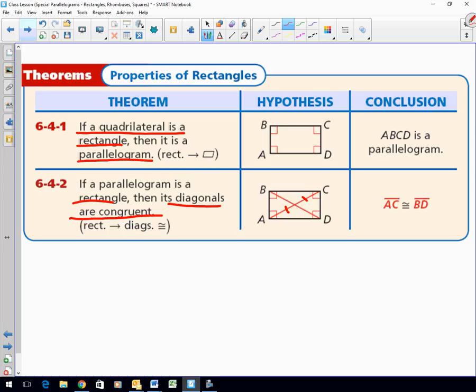B to the bisect point equals D to the bisect point. Well, guess what's true today? They are congruent to each other, because A to C is congruent to B to D, and they're still meeting at that point.